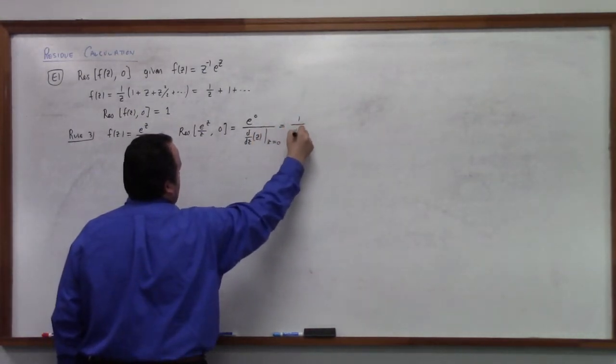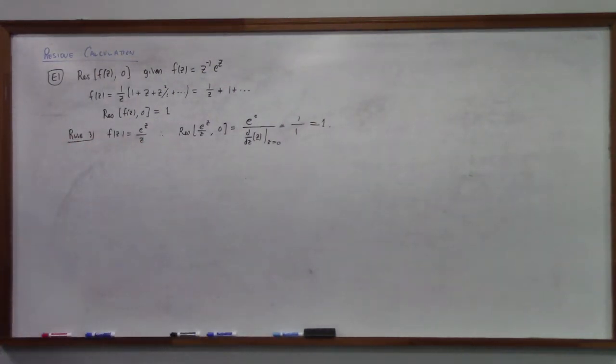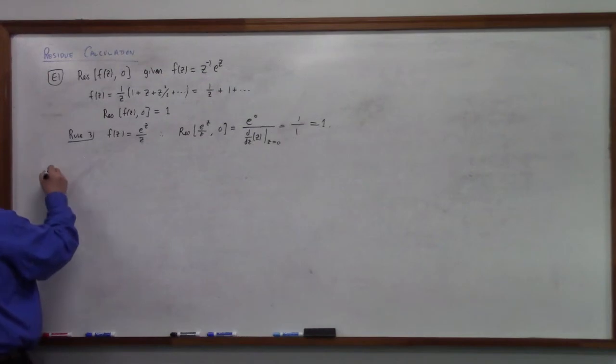Which is 1 over 1, which is 1. Very good. You can do it that way. So we always have a choice. If you know the power series expansions, and you can just find the Laurent series, you can read off the residue that way. You could use the 4 rules, right? You could use geometric series sometimes.